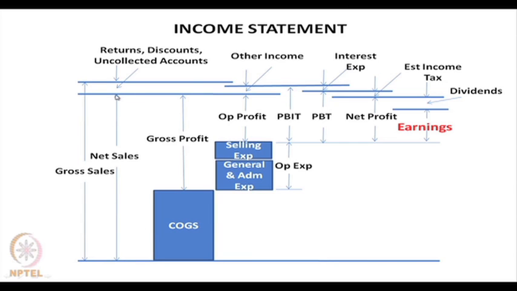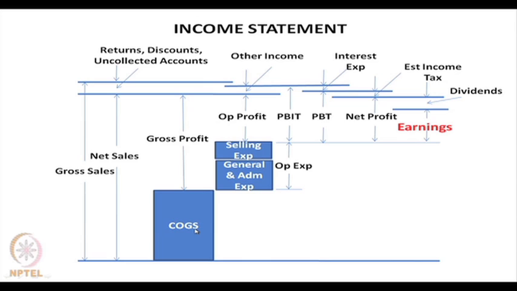Now, out of this net sales we subtract the cost of goods sold. Cost of goods sold is labor cost and material cost and power cost and other overhead expenses that are charged to the products that are sold.